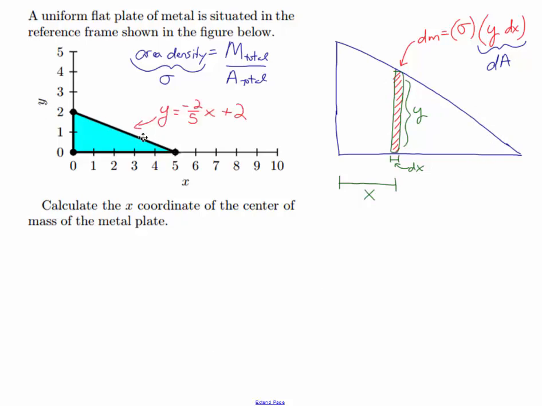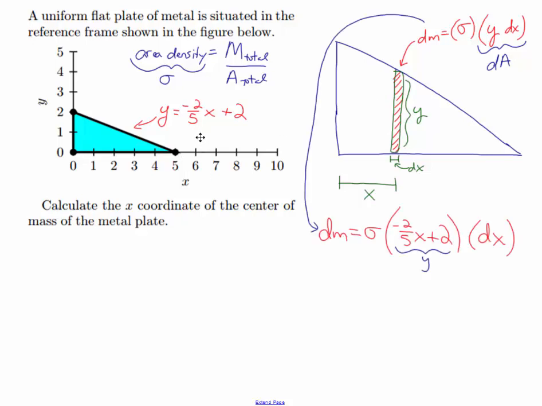And we get that by looking at this line. We know the equation of a line, y equals mx plus b. So y equals the slope. The slope of this line is negative 2/5. So it's the slope negative 2/5 times x plus the y-intercept, which is 2. So this gives us the relationship between y and x for any point along this line.